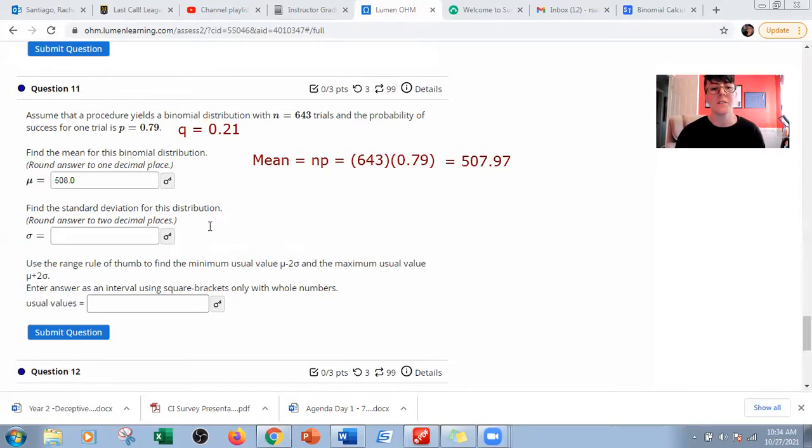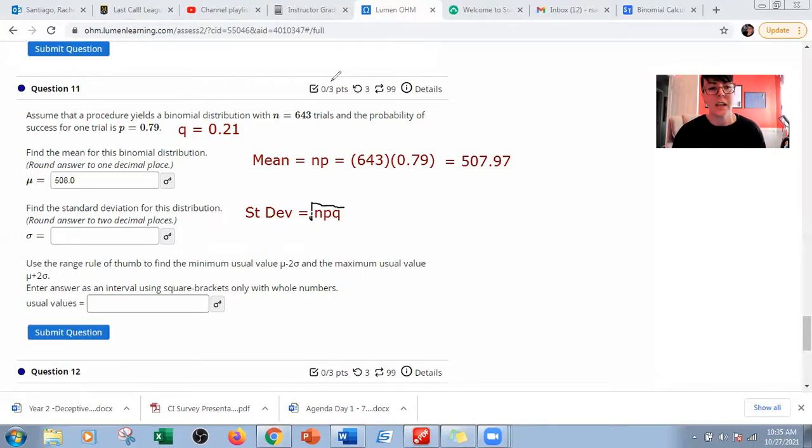Good. All right, so we're going to find the standard deviation, which is the square root of n times p times q. So the square root of 643 times 0.79 times 0.21.